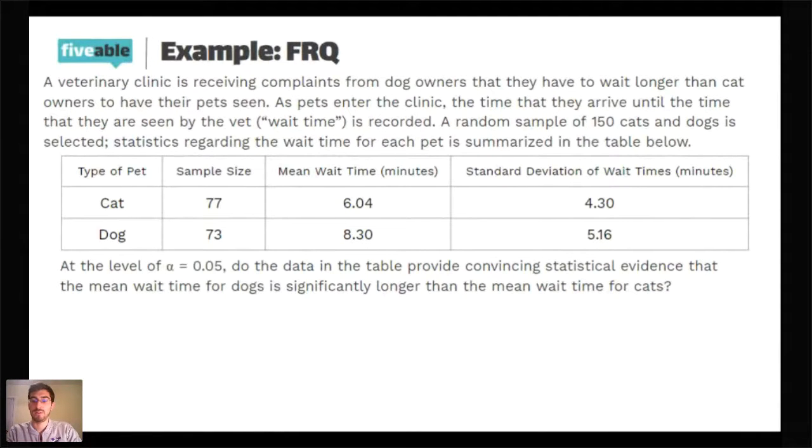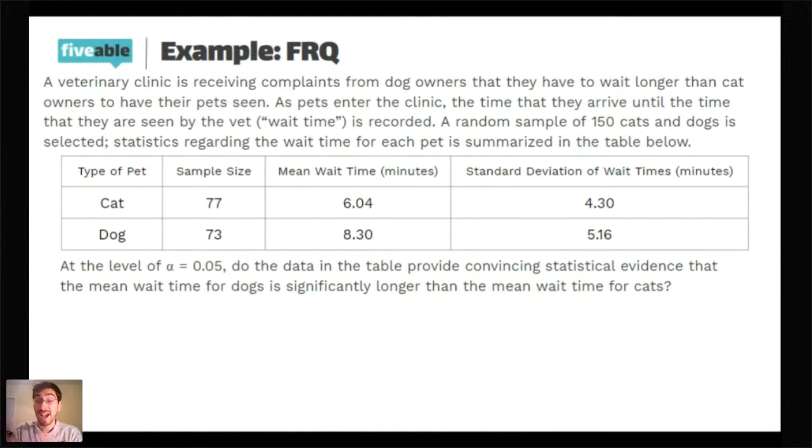convincing statistical evidence. When you see that phrasing, that is your keyword to say, oh, I got to do a hypothesis test. Very rarely will the exam writers actually say, run a hypothesis test or conduct a test of significance. They will say, do we have convincing statistical evidence that whatever?